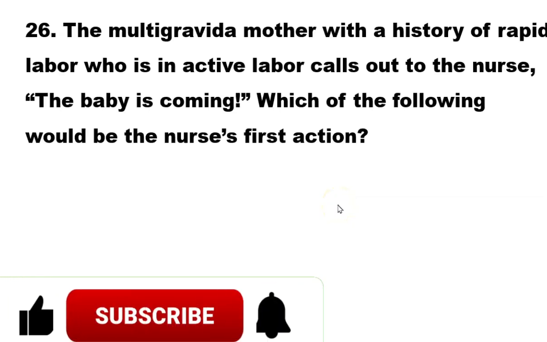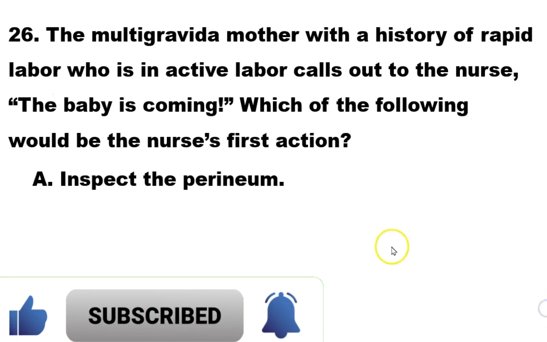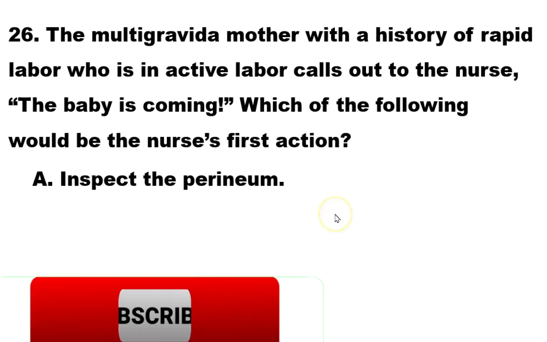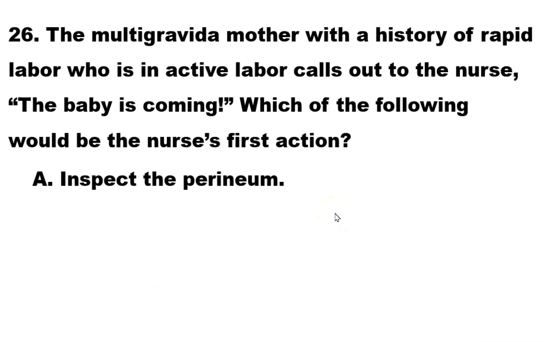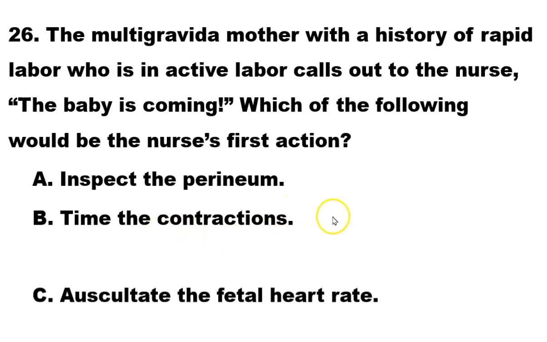The next question. The multigravida mother with history of rapid labor who is in active labor calls out to the nurse, the baby is coming. Which of the following would be the nurse's first action? A. Inspect the perineum. B. Time the contraction.